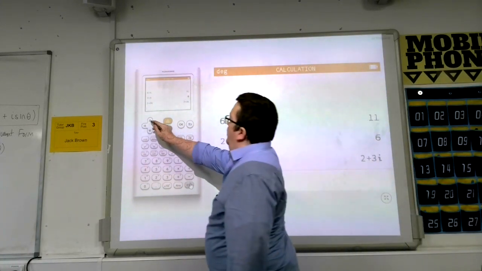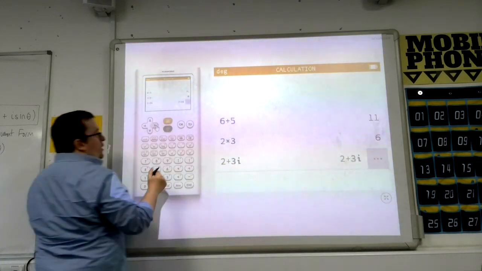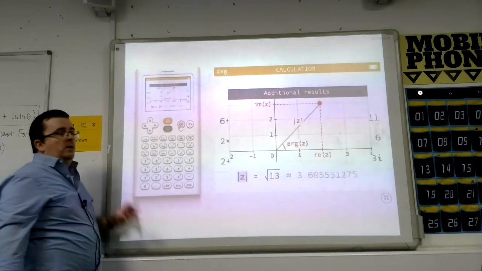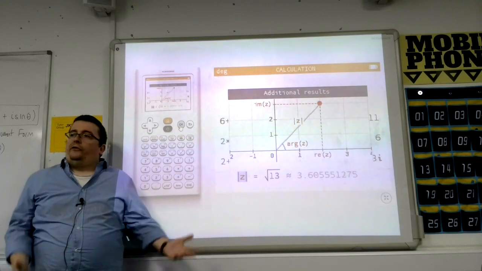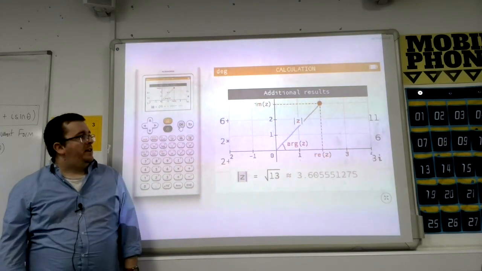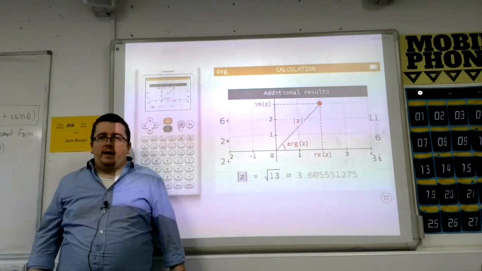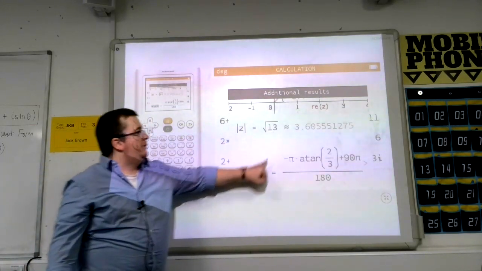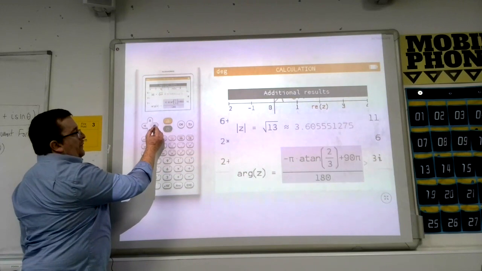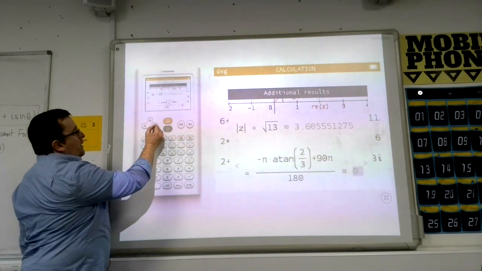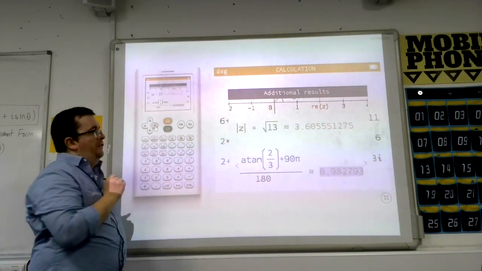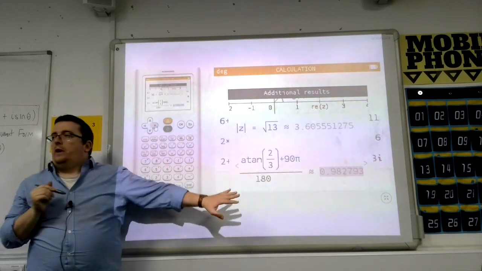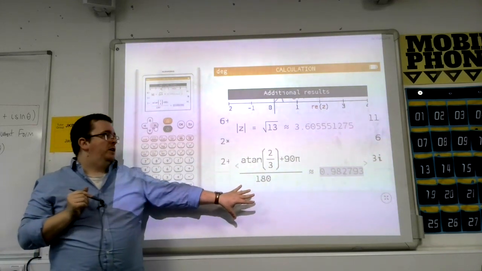If I go up and then I go along and select the 3 dots, it draws you the Argand diagram representing where 2 plus 3i actually is. You can scroll down and it will give you the modulus, it will give you the argument. This is stuff that you're probably just doing in further maths now, in first year further. So it's got all of that information there for you.